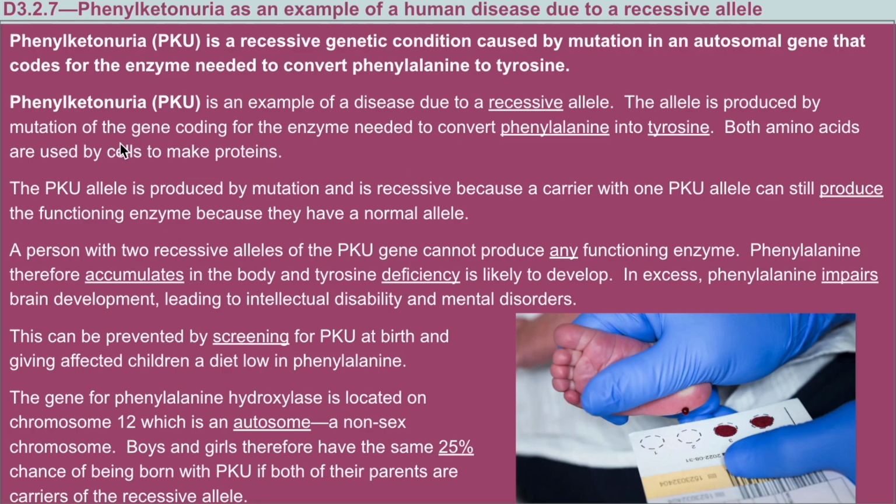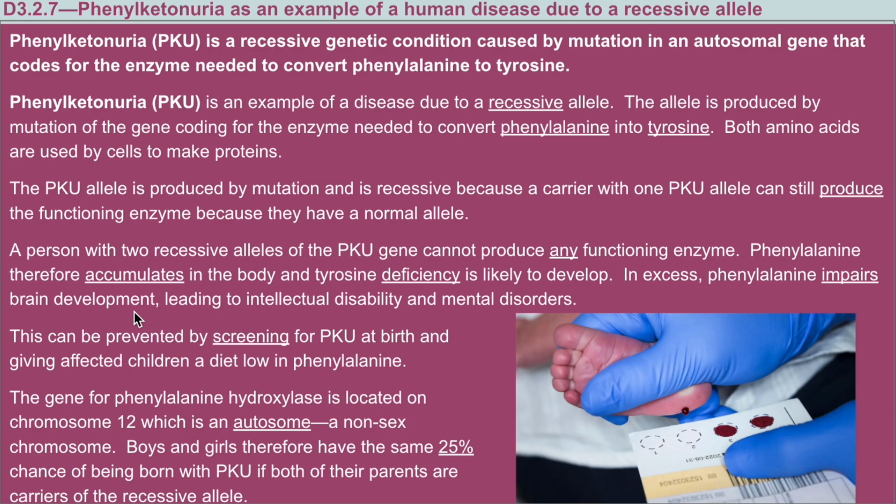Okay, now what is the disease? It is a mutation of the gene that codes for an enzyme that converts phenylalanine into tyrosine. Now, both of these are amino acids that are used to make proteins. And so, if you can't make tyrosine because you don't have the gene to make this enzyme, you're going to end up with an accumulation of phenylalanine in the body and a deficiency of tyrosine.